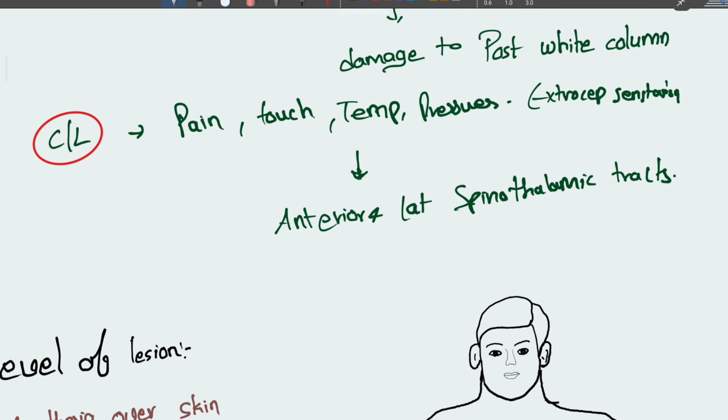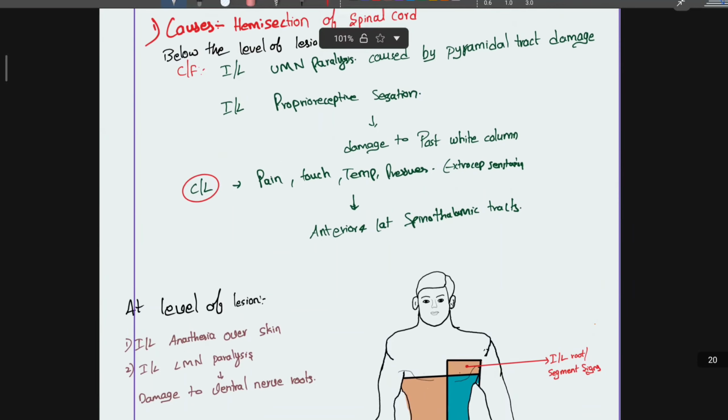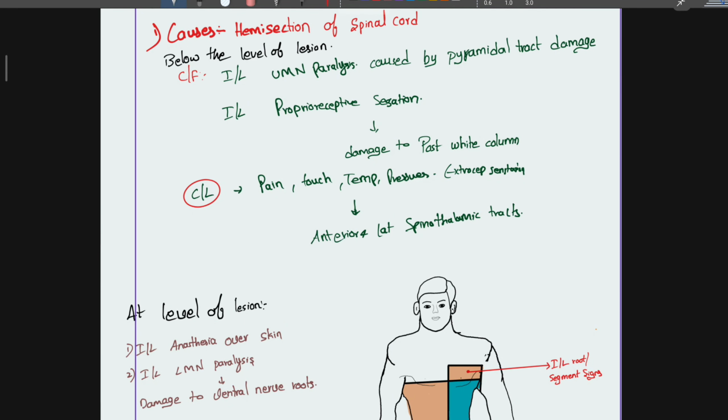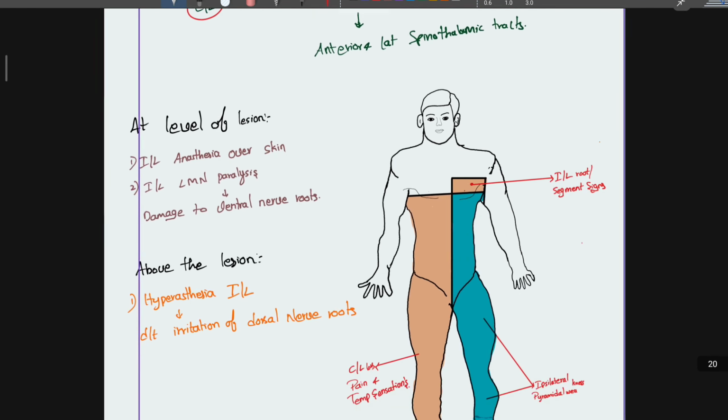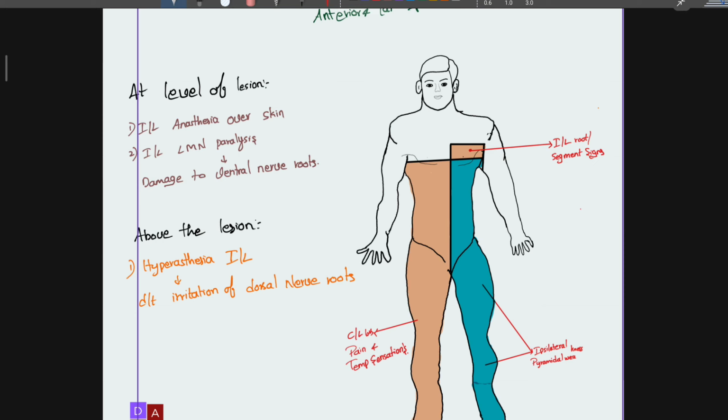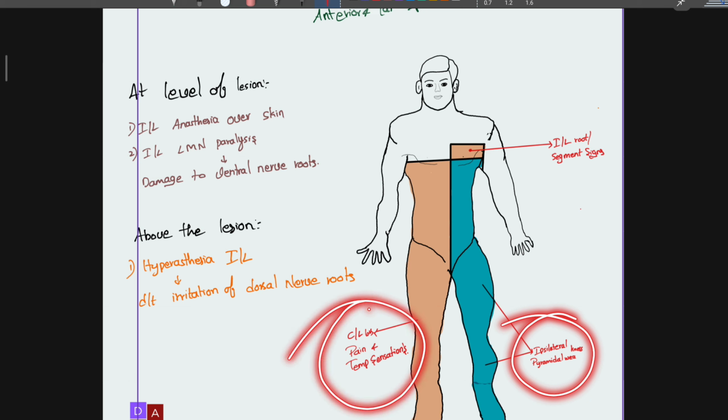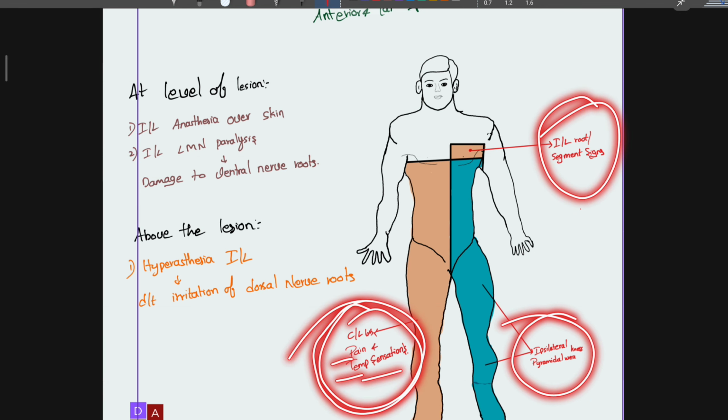This is the only one which is contralateral in Brown-Sequard syndrome. These are the clinical features which we observe below the level of the lesion. At the level of lesion, I had discussed contralateral loss of pain, temperature, and ipsilateral root segment sense.